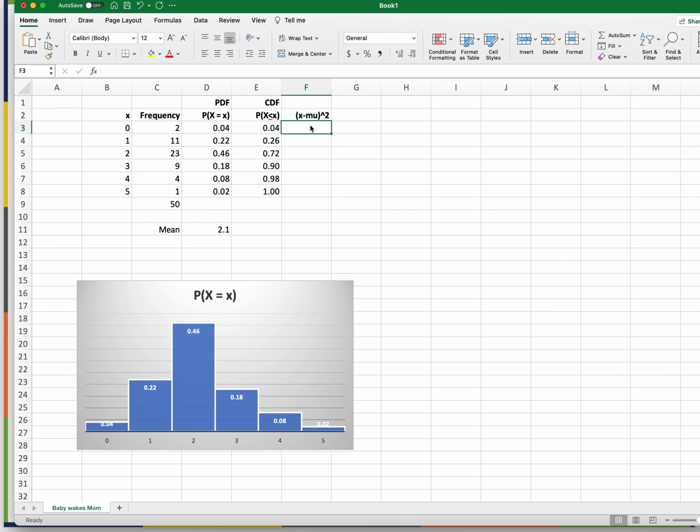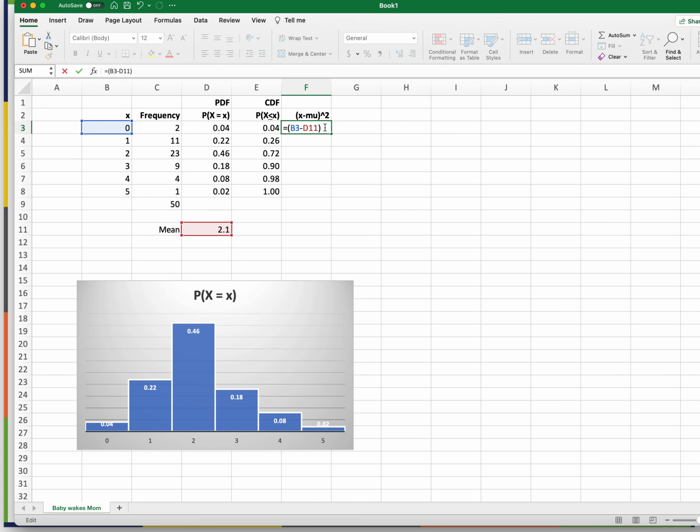So what is this? This becomes zero. Oh, I forgot to put the equal sign. Equals 0 minus this, which is the mean, which is mu. And I put parentheses around that, and I want to square it.